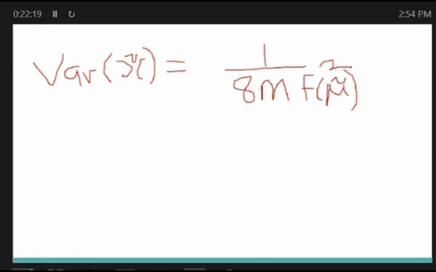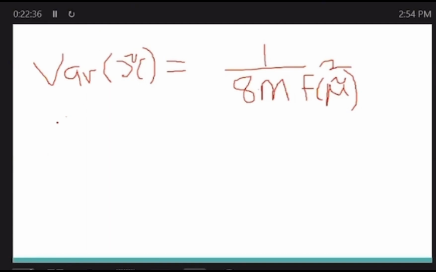Now let's say we assume that the median has a normal distribution. If so, the median will be equal to mu. Now let us write the normal distribution.